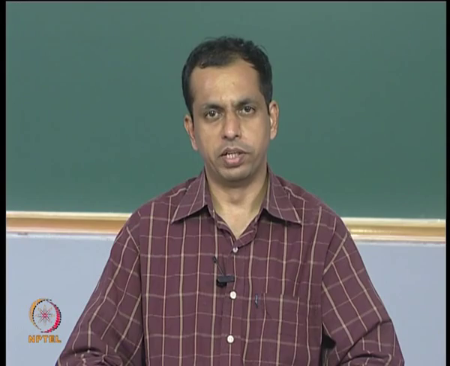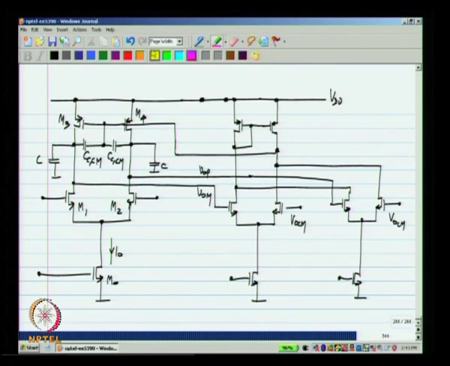I will quickly discuss one minor variant, which is actually more frequently used. Now, if you look at it, imagine the quiescent condition where both VOP and VOM are equal to VOCM, then this voltage and that voltage will be the same. Okay. So, you can simply connect those two together. In that case, you see that this transistor and that transistor are in parallel. The gate is at VOCM, the source is the same and the drains are also connected together.